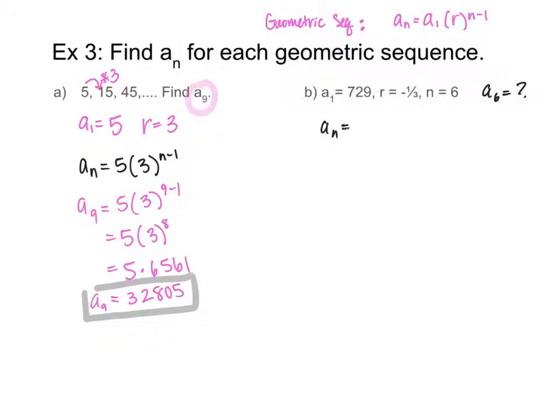So AN is going to be 729 times negative 1 over 3 to the n minus 1. From here, if I want to find A6, all I have to do is plug in 6 into this equation.